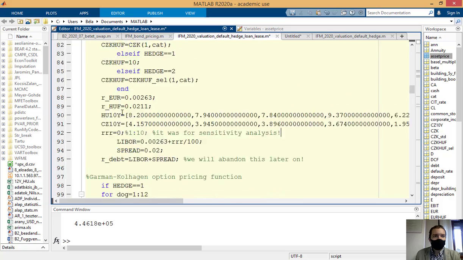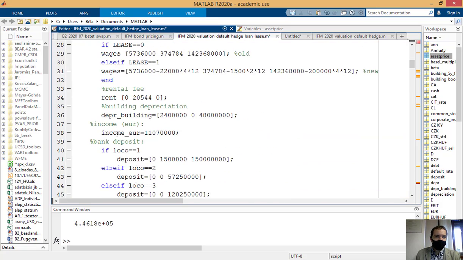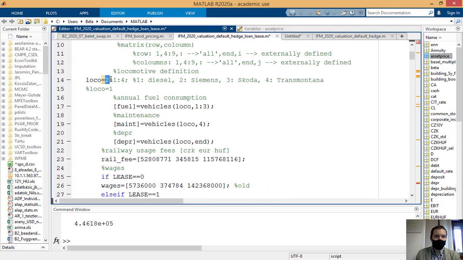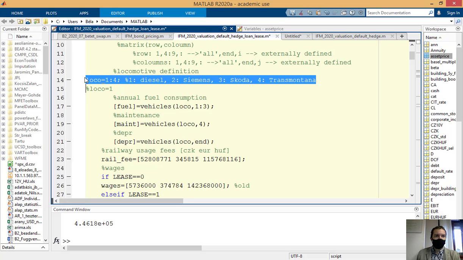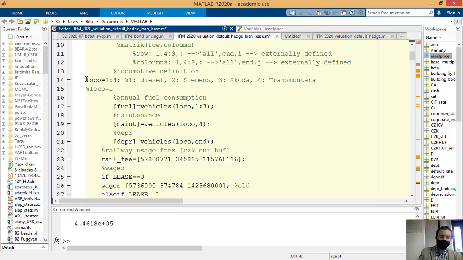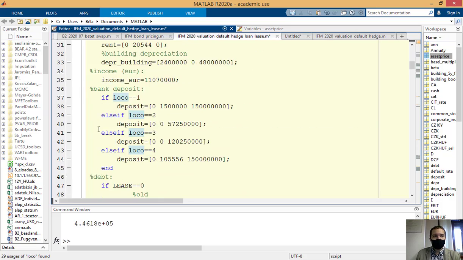So now it's off, and we can turn back the local 1 to 4 for local.